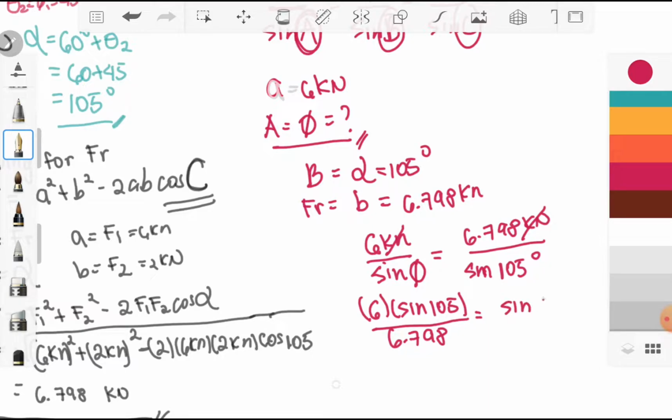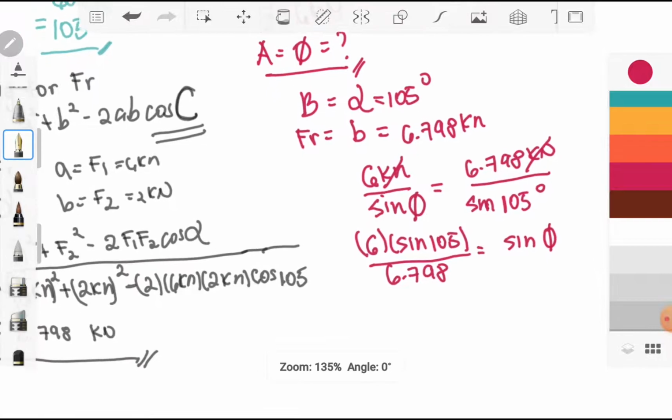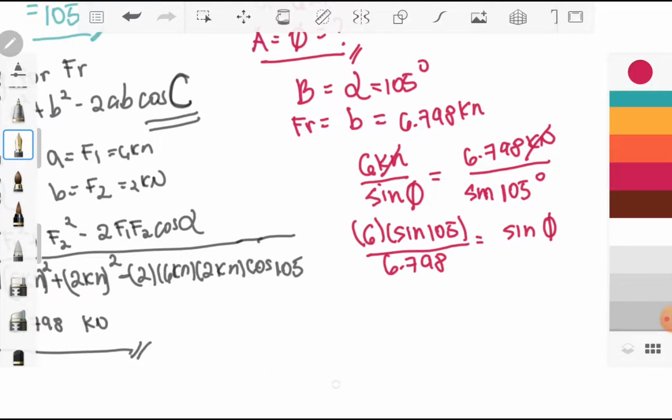Solving for phi using your sine inverse, phi is equal to arc sine, or sine raised to -1. Take note that this -1 here indicates inverse. So we will get the value of the angle phi from 6 sine 105 divided by 6.798.